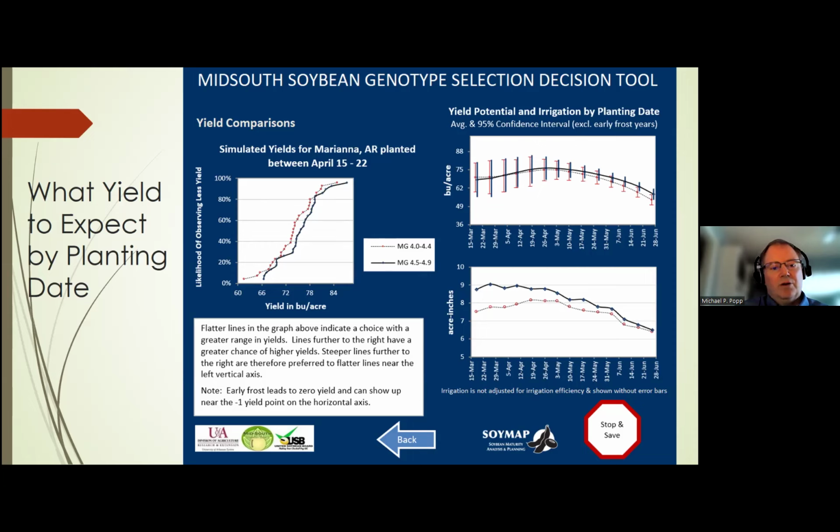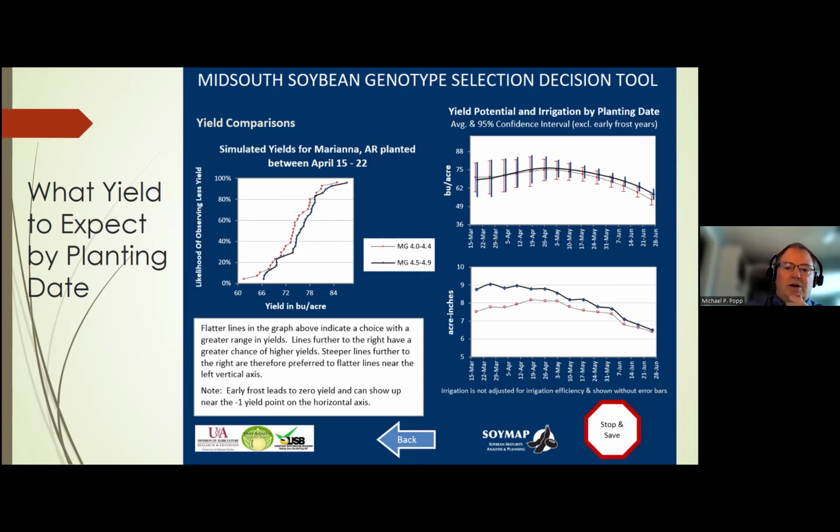We want curves that are further to the right, and curves that are steeper, because that means there's less risk in them. So that's one thing to look at. 75 bushels was the yield target that I picked for the potash rate calculator, but it depends on what maturity group you're growing and what week you're planting in.